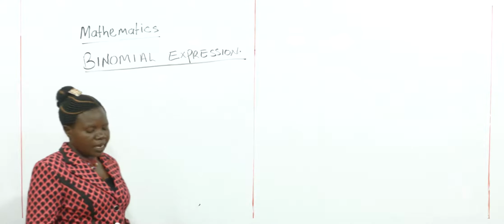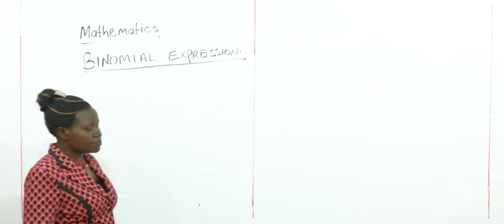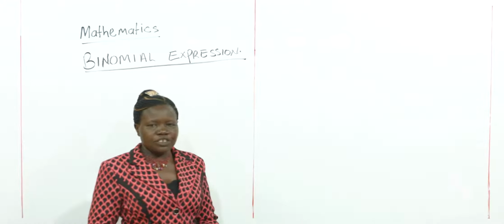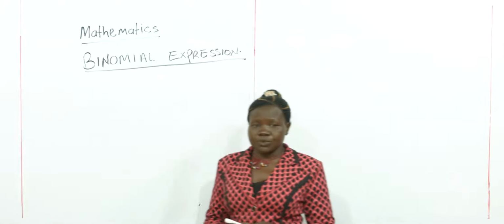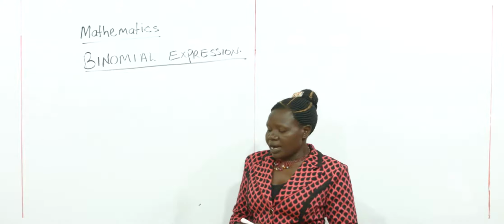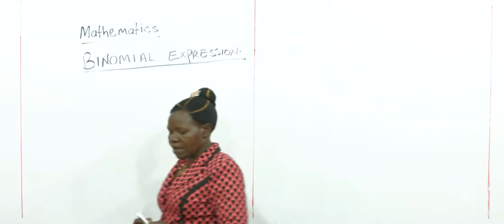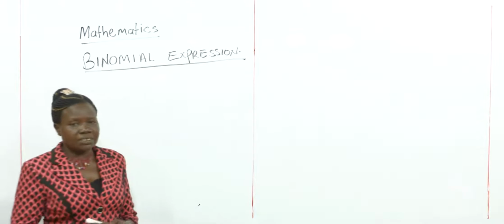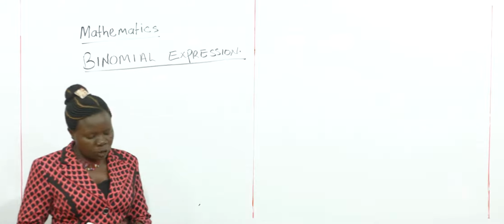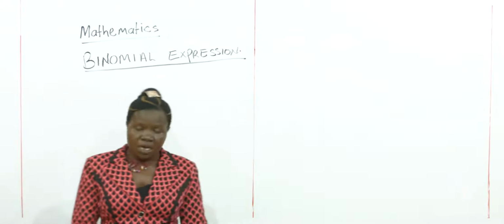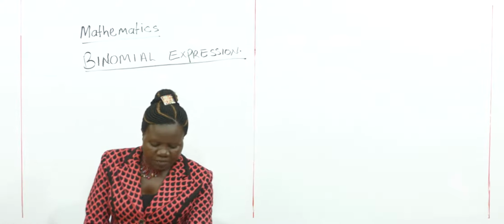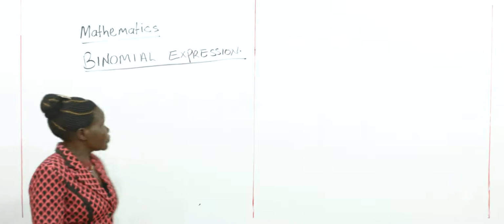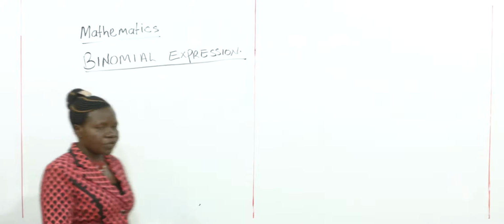So dear learners, our lesson, our topic remains algebra. Under algebra, we looked at the quadratic expression, and under quadratic expression, I believe you picked something on the methods of how to solve quadratic equations. And then under still the algebra part 2, we have what we call the binomial expression.